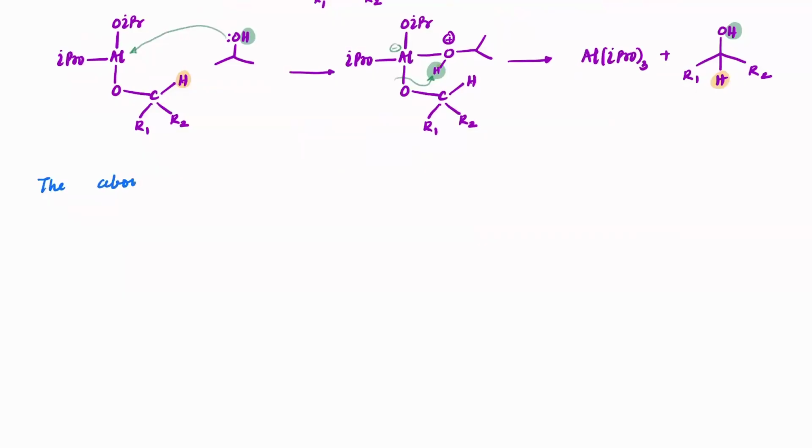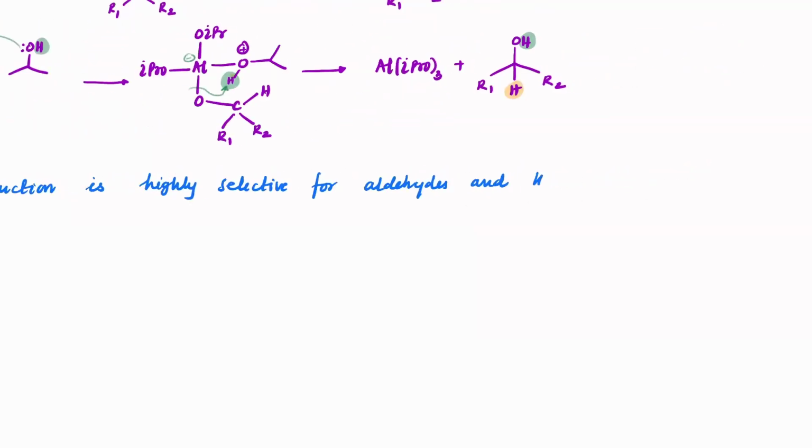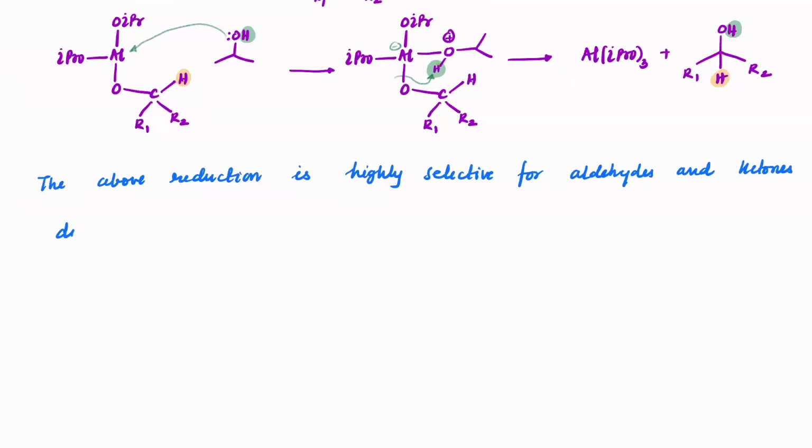You can see this MPV reduction, everyone. The MPV reduction is highly selective for aldehydes and ketones only, and does not impact other functional groups.